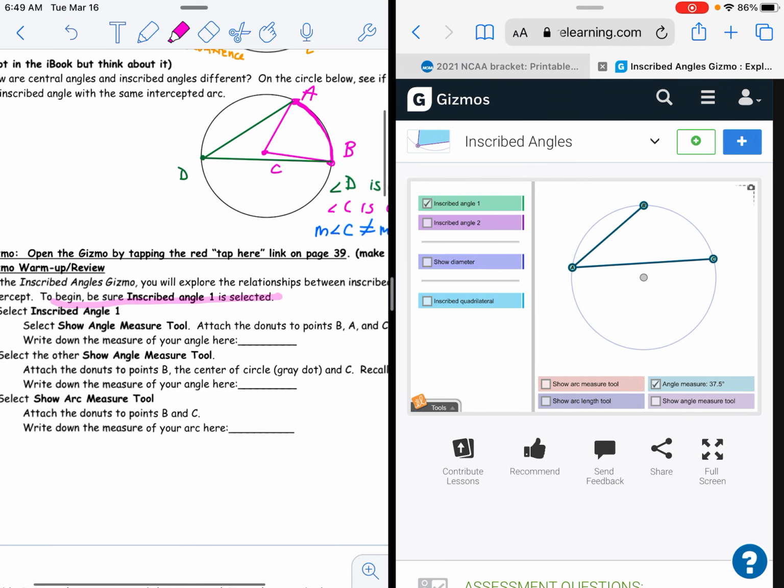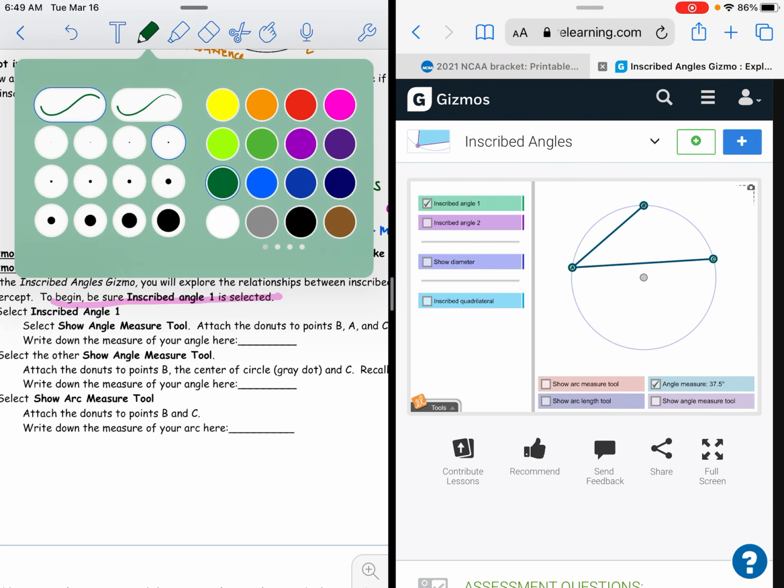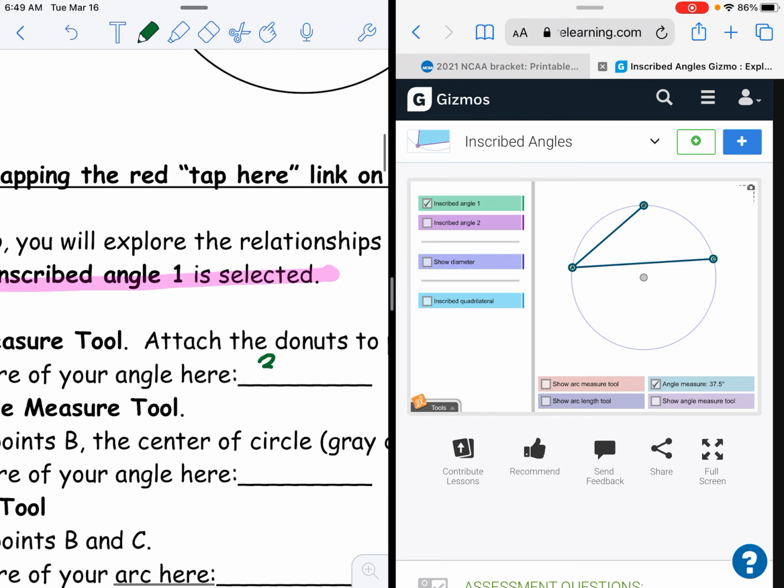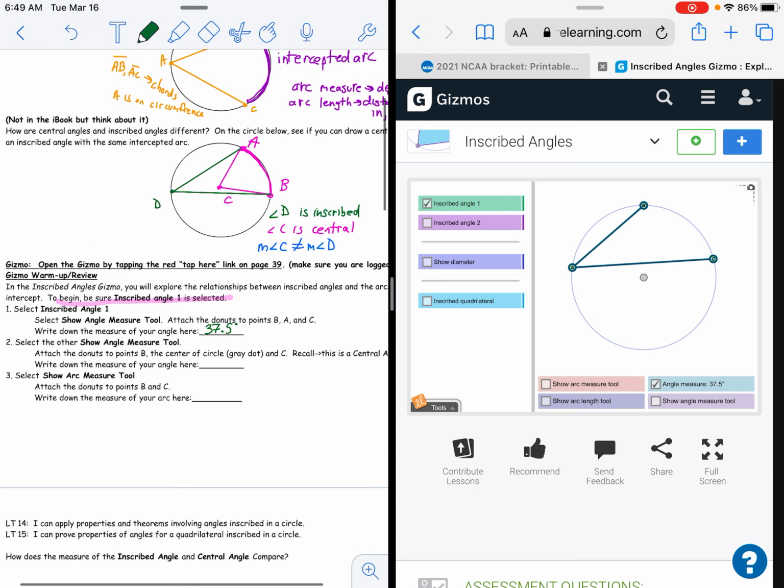Right now it's 37.5. We'll keep it right there. So 37.5 degrees. Now let's select the other angle tool and let's actually just form a central angle.